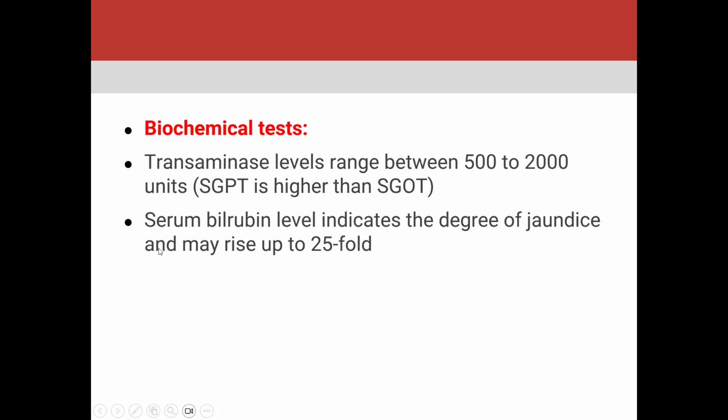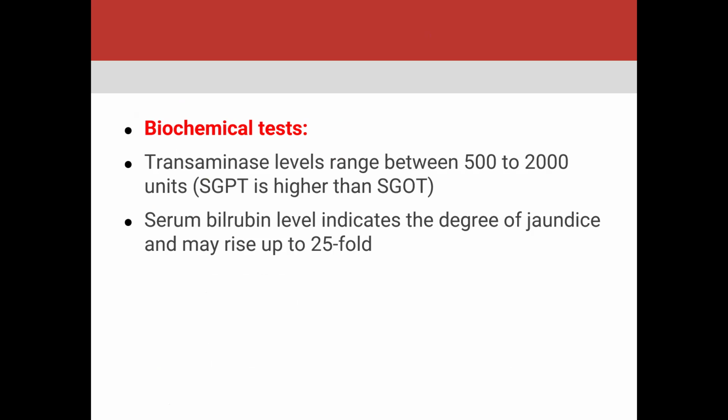Next, biochemical tests. In acute viral hepatitis, caused by either A, B, C, D, or E, the transaminase levels generally vary from 500 to 2000, with SGPT higher than SGOT. What is meant by SGPT?